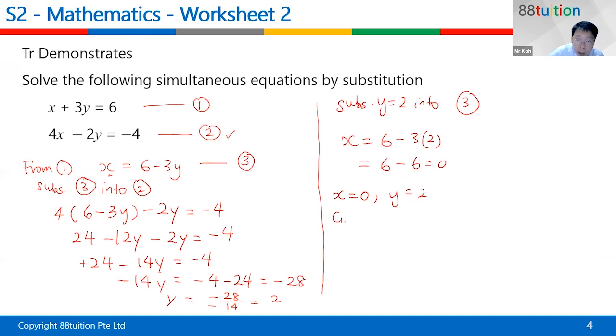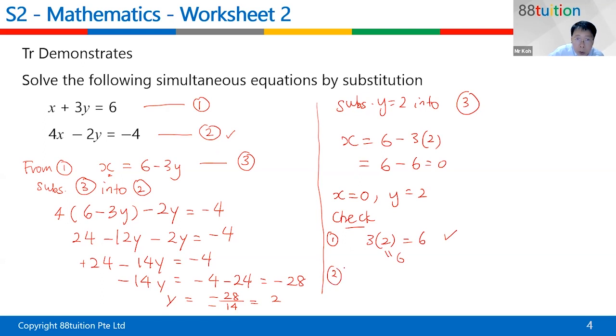Okay, again, I encourage you to check. So you substitute into equation 1. So you look at equation 1. What do you get? 0 plus 3 times 2 equal to 6. So this is actually 6. So you are correct.